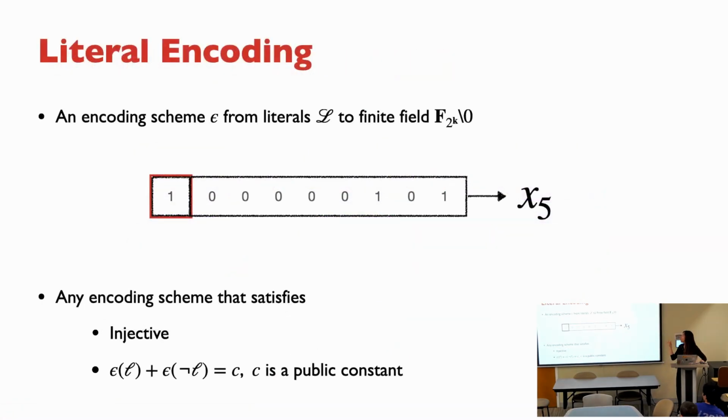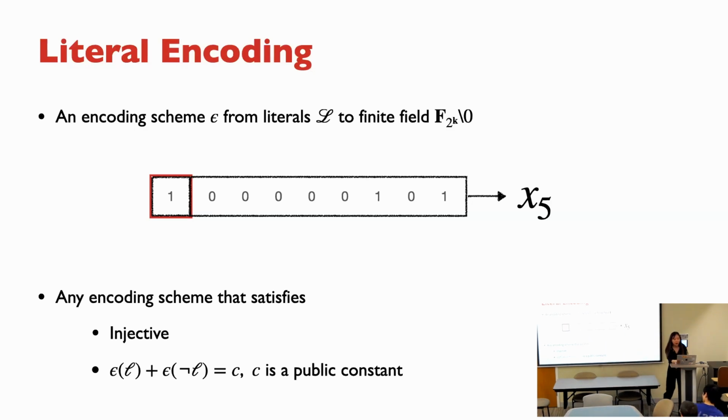The literal encoding scheme we use for a propositional Boolean formula, where we don't have the quantifier prefix, is the following. We have the highest bit of this F_2^k element be the sign of the literal. So in this example, for x5, the literal is positive, so the highest bit is 1. If this is a negation of x5, then the highest bit should be 0.